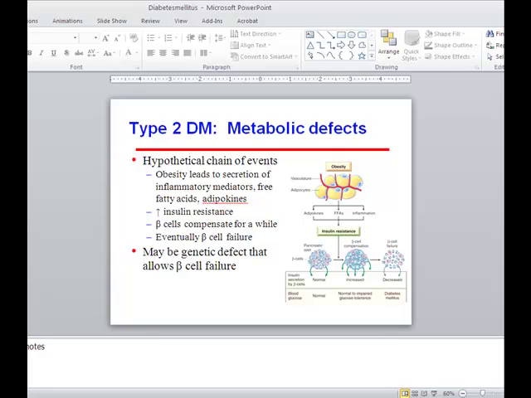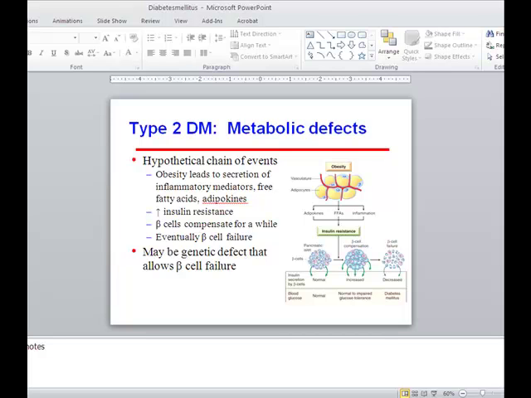So in obese individuals, the adipose tissue secretes a lot of inflammatory mediators. Okay, and in addition, there are these kinins known as adipokines. There are different types of adipokines.